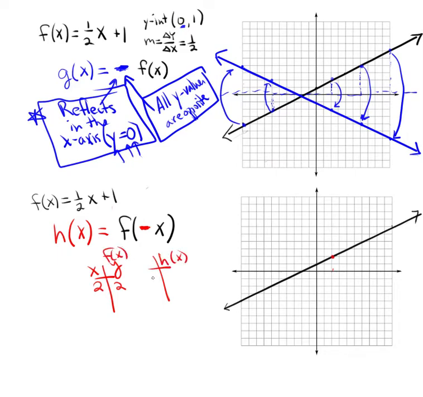That means when x is 2, we want the output for when h is negative 2. So when h was negative 2, if I look over here, that's going to be 0. So now it's going to be that 0 at that point. So when x is 0 over here, it's going to be positive 1.